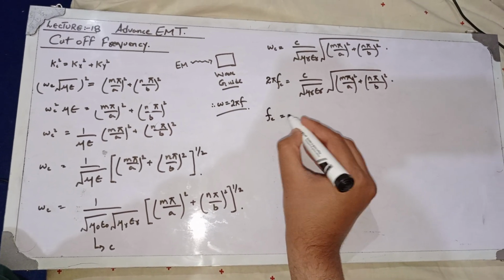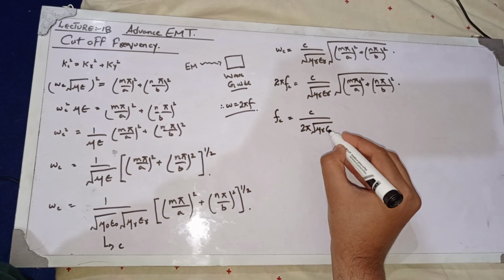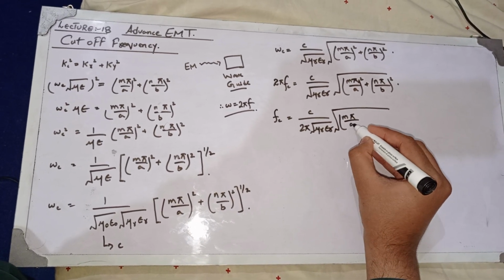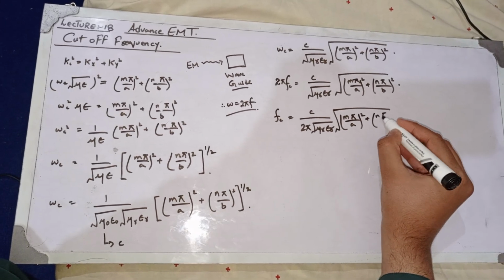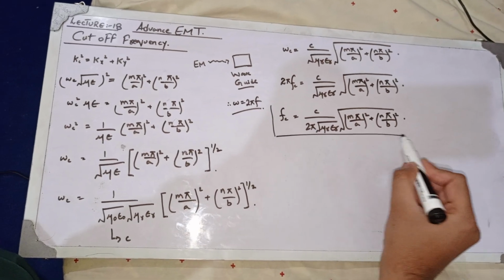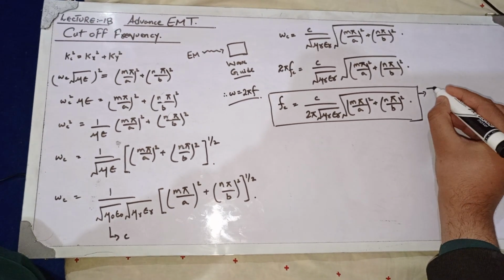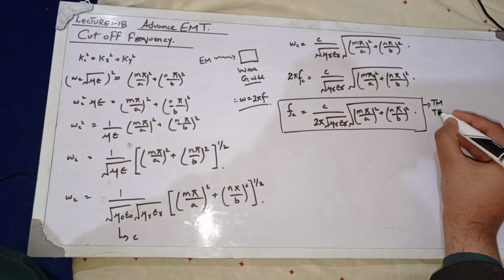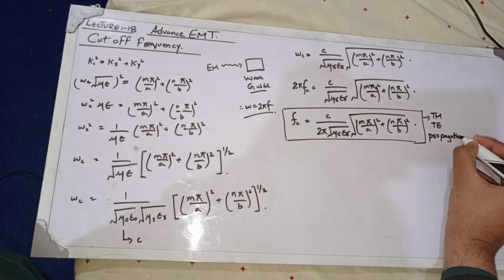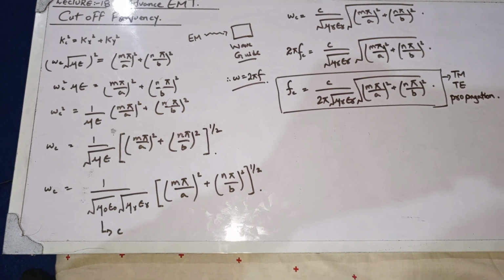Your cutoff frequency fc becomes 1 divided by 2 pi under root mu r epsilon r, times the square root of (m pi by a) square plus (n pi by b) square. So this is the cutoff frequency for both TM as well as TE propagation.